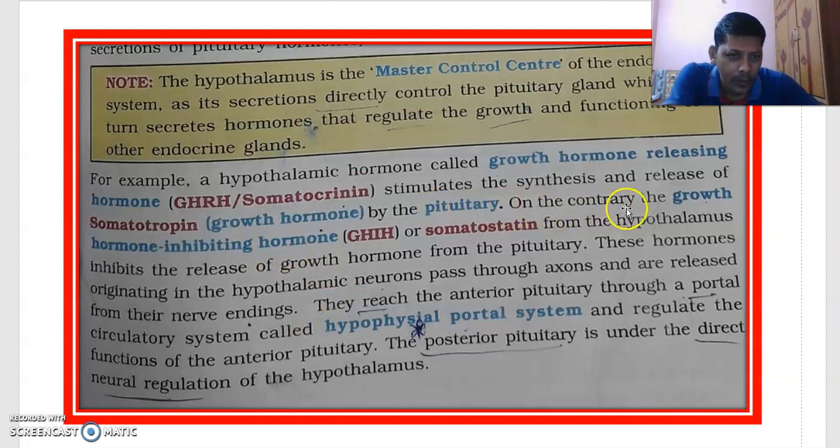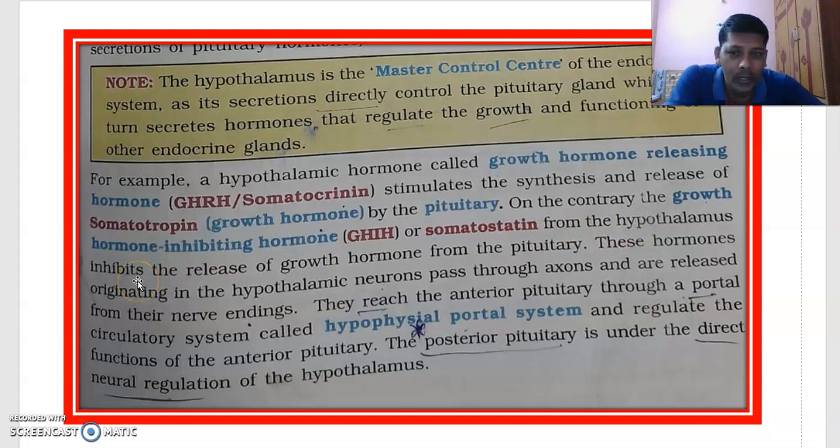On the contrary, the hypothalamus can tell the pituitary gland not to produce growth hormone. Opposite to this one, growth hormone inhibiting hormone, GHIH, is otherwise called somatostatin. It is also a hypothalamic hormone.